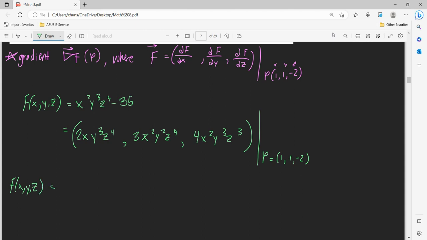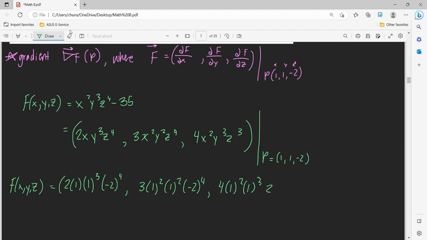Okay, so when we plug in for those values, this gives us, so this is 2, and z was equal to negative 2. And this is 3x squared, y squared, z to the 4. And this is 4x squared, y cubed, and z. This is negative 2 cubed.